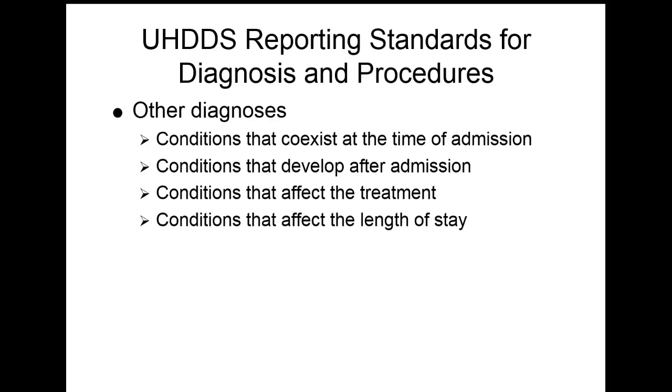And when they're doing the colonoscopy, they accidentally perforate the colon, and so the patient has to have a colon resection. Now, the breast mass would be the principal diagnosis. The breast biopsy would be the principal procedure.